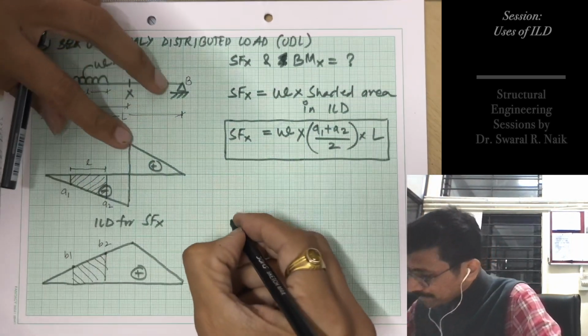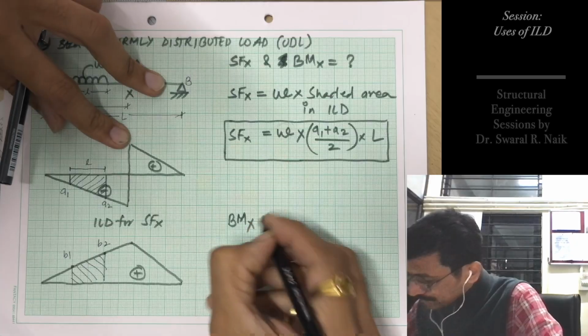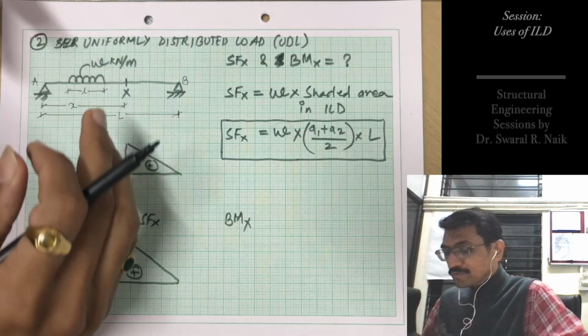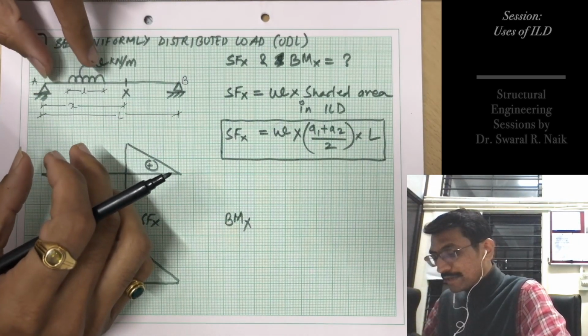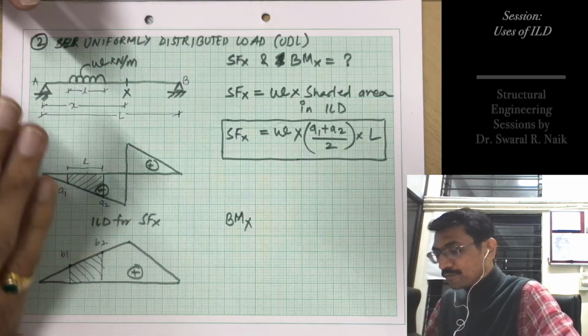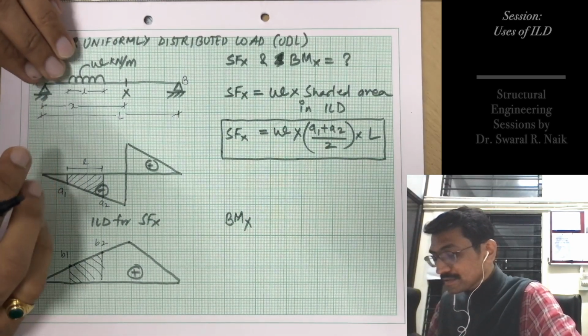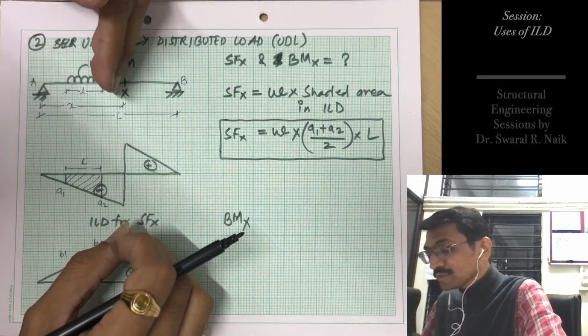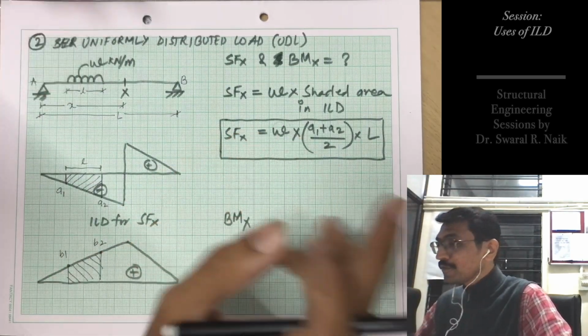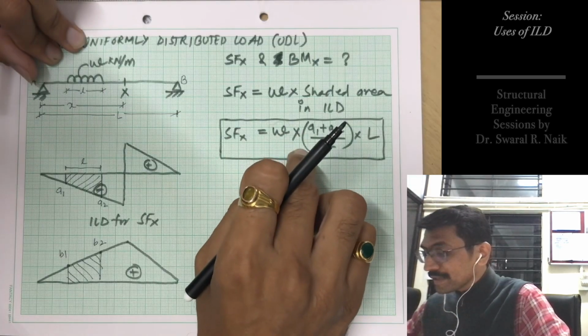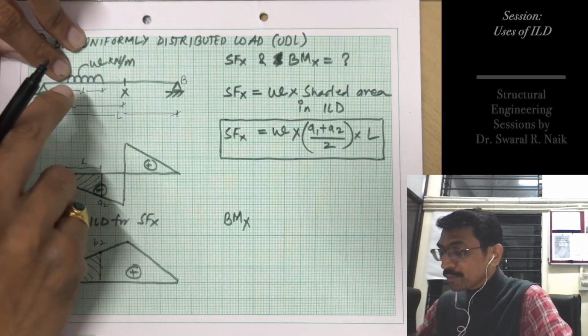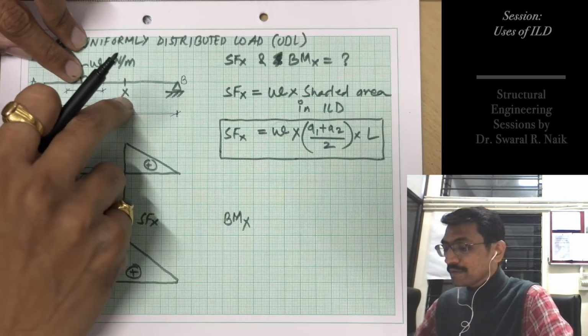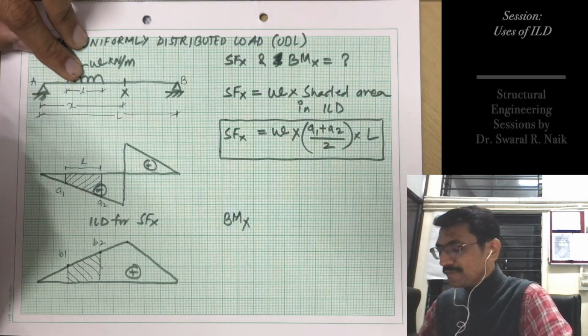So what will be the bending moment at section X when this UDL, which was moving, you have captured at this time? So for this time instance you need to calculate the value of SF. If UDL is moved to another position, this value will change, that we already know. But this value is at this position of UDL for SF at X and BM at X.